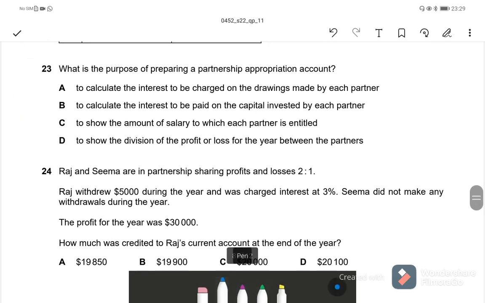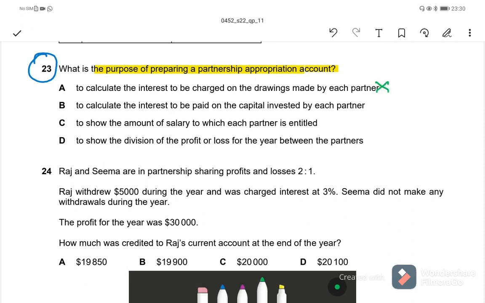23. What is the purpose of preparing a partnership appropriation account? The partnership appropriation account is prepared to calculate the divisible profit. Here they are given the options to calculate interest charge. Interest is charged in the profit and loss appropriation account, but the purpose is not calculating interest.